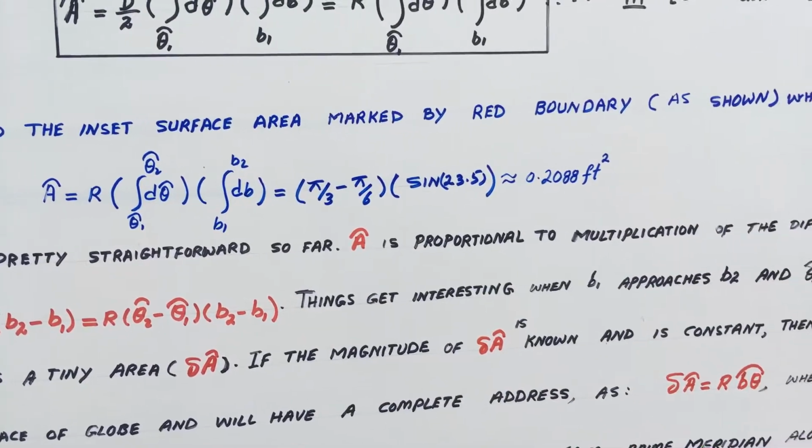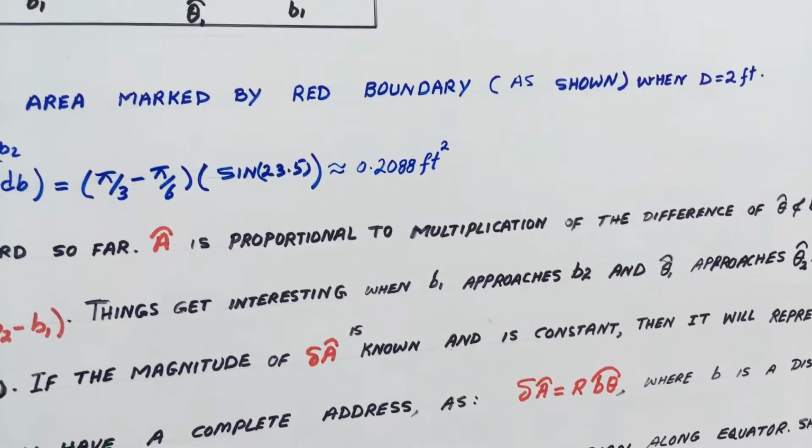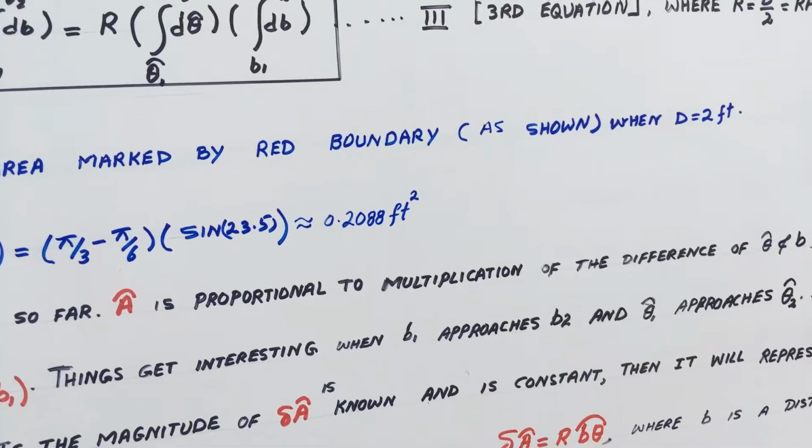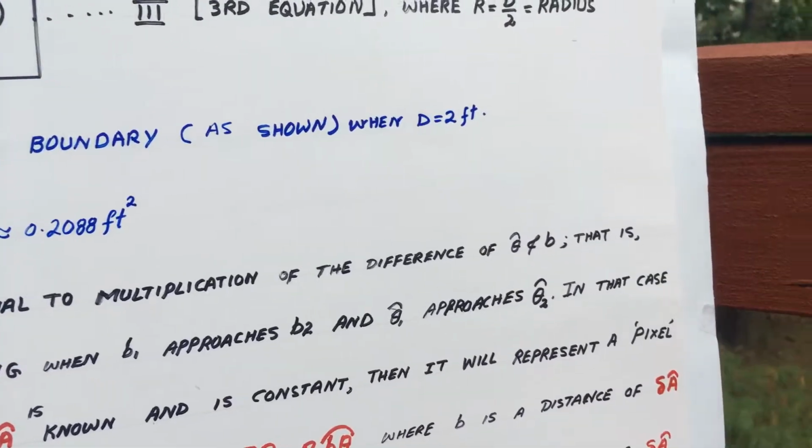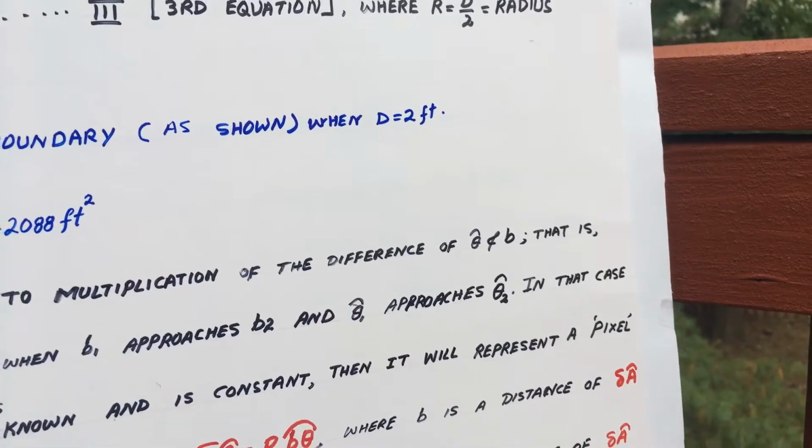θ̂ is proportional to the multiplication of the difference of θ̂ and b.